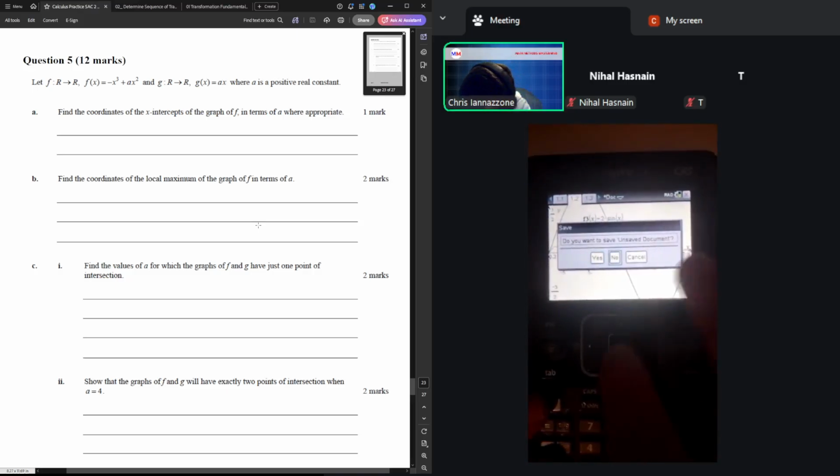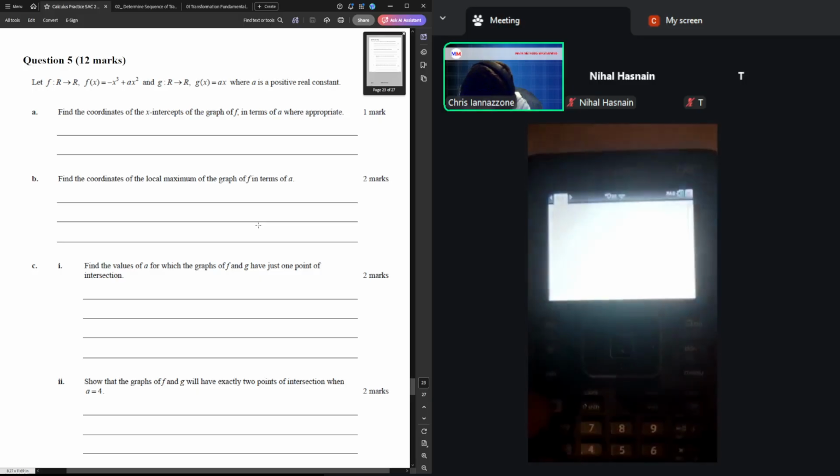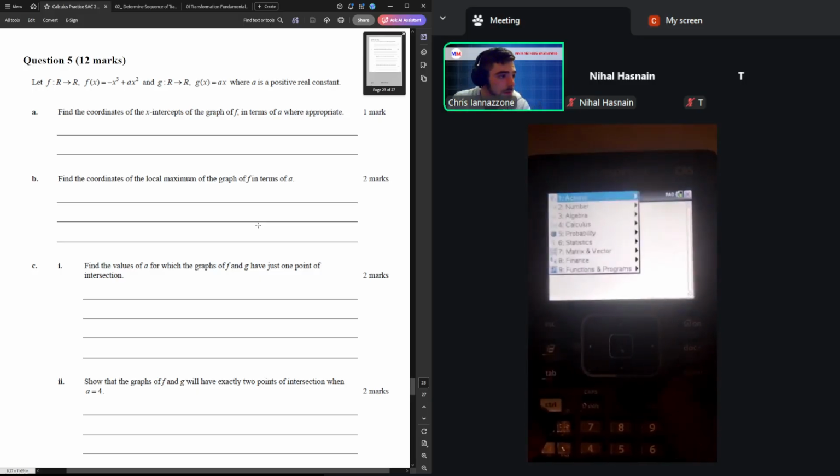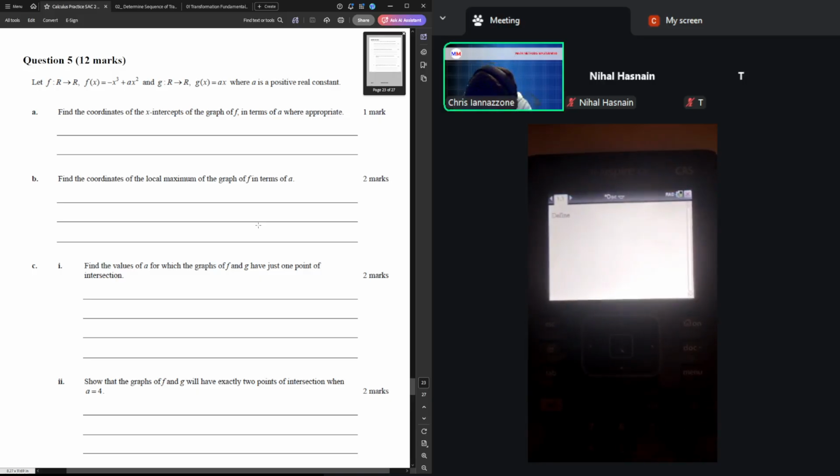I'm going to clear the workspace, make a fresh one. It's probably important to use the actual letters they've used so we don't get confused on which function is which. Negative x cubed plus a times x. Do not do just ax, otherwise the CAS will think ax is the variable, whereas you want a and x to be separate variables.